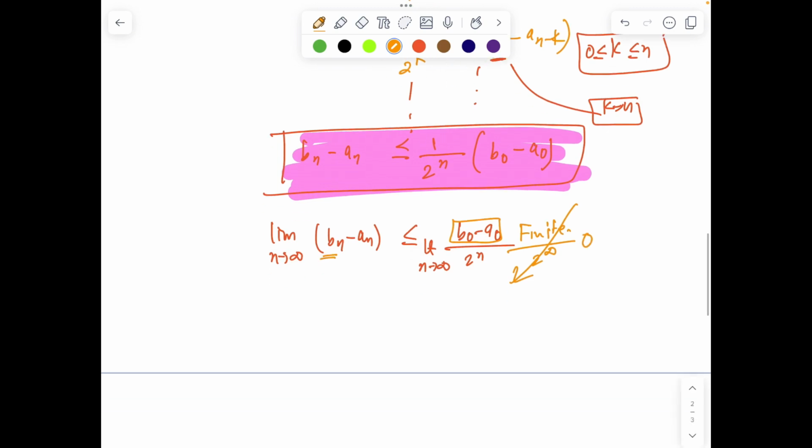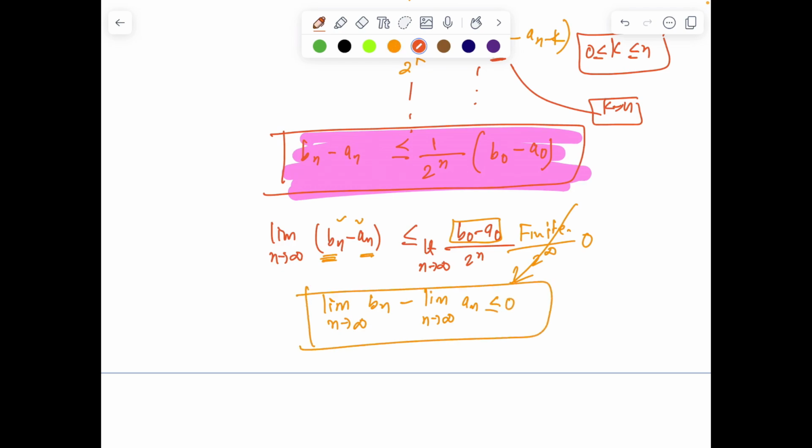So now we know, since this is a convergent sequence, we can tell the limit of the difference is the difference of limits. So the limit of b_n minus the limit of a_n is going to be less than or equal to 0.